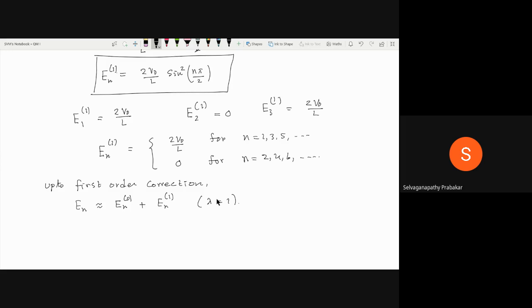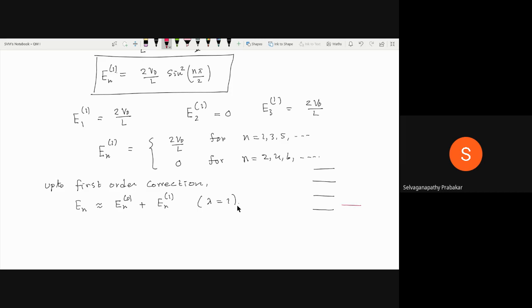Okay, if V naught is positive, then if you had these levels, let's say these are the energy levels of the particle in a one-dimensional box, then this will increase. Okay, so maybe let me draw the new levels like this.